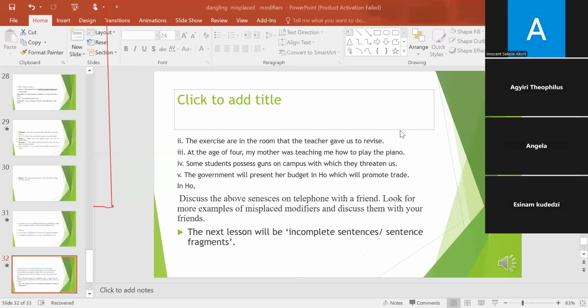Yes. It is about the age. It's not clear whether it is the mother at the age of 4 who was teaching the piano or the child, as in who the piano was being taught. So how will you modify this?